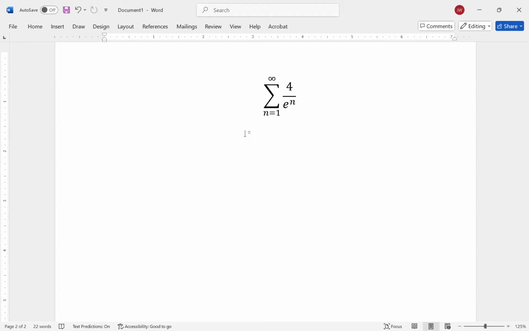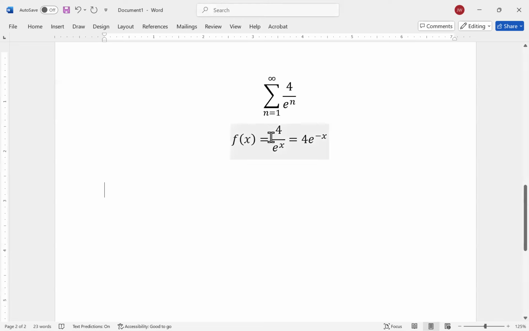All right, so the first thing we have to do is create a function that gives me the terms in the series. That would be 4 over e to the x if I used x as my variable. Or I'll rewrite that as 4 times e to the negative x, so it's easier to integrate.